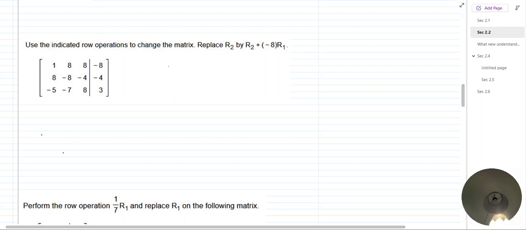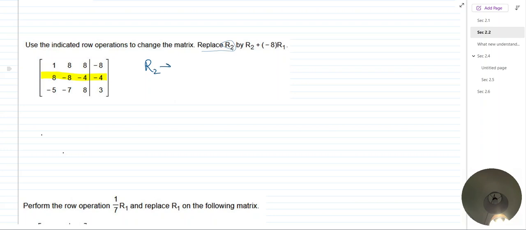They're saying use the indicated row change for the matrix. Replace row 2. This is this one here. We're going to change this guy, and here is our format: row 2 plus 8 times row 1. So I'm going to put my row 2, and then I'm going to have my row 1 by 8.